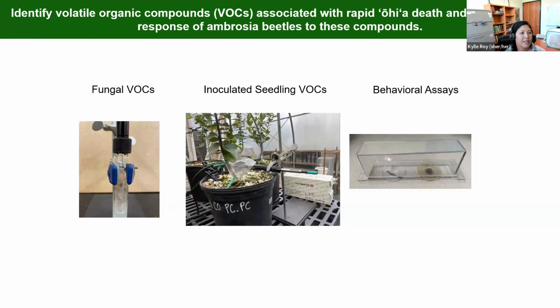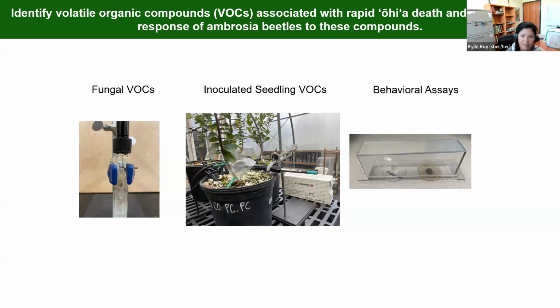I did this in 3 parts. The first was collecting the fungal volatile organic compounds, or VOCs, using what's called solid phase microextraction. It's a special needle that you can expose to a fungal culture.